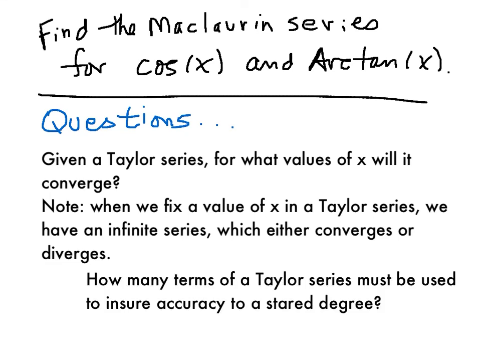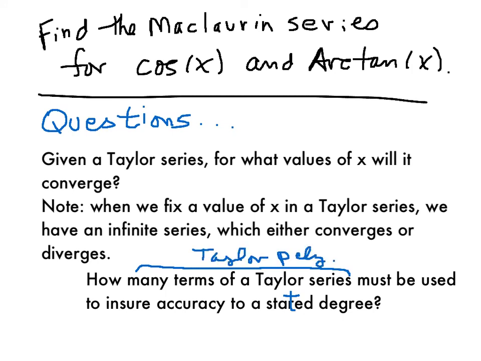And the second big question we have to ask is, how many terms of a Taylor series must we use in order to ensure accuracy to a stated degree? And the idea there, remember, is that when we use so many terms of a Taylor series, what we have is a Taylor polynomial.